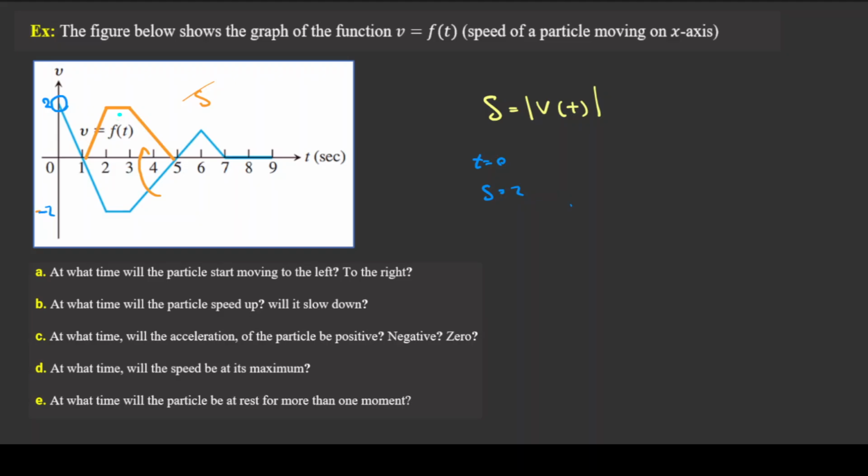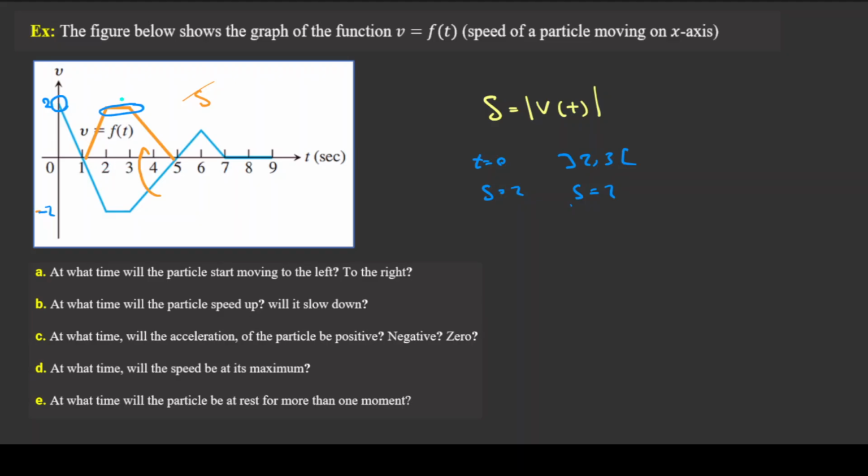And the maximum is also 2 there. Suppose for t between 2 and 3 the velocity is also 2 in magnitude, so the speed is 2 there too. For these intervals, the highest speed is at t equals 0 and at 2 to 3.